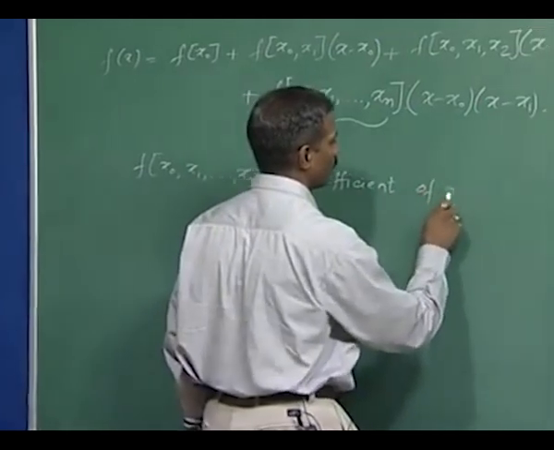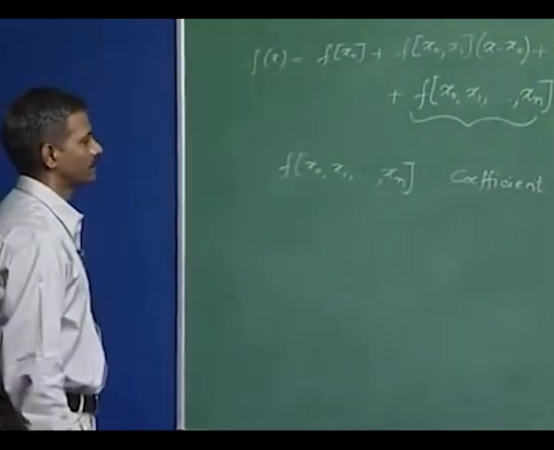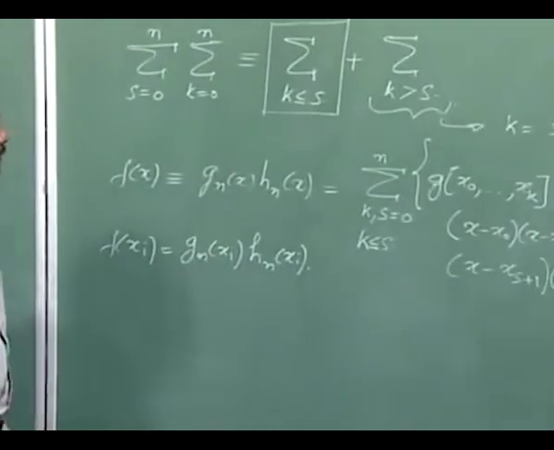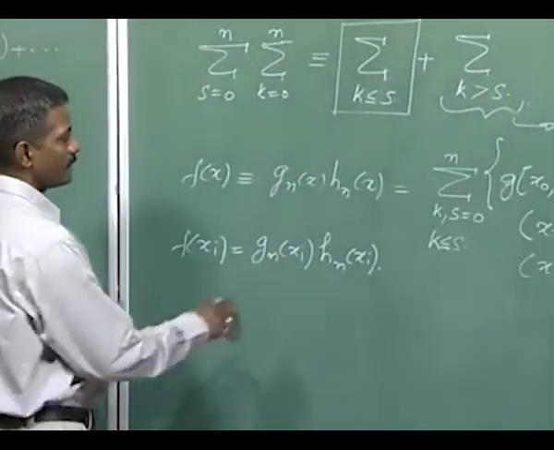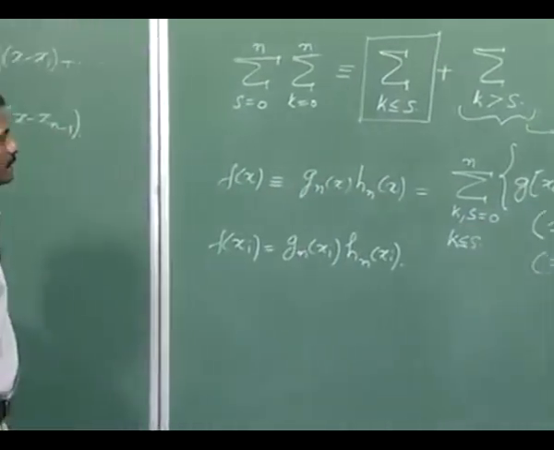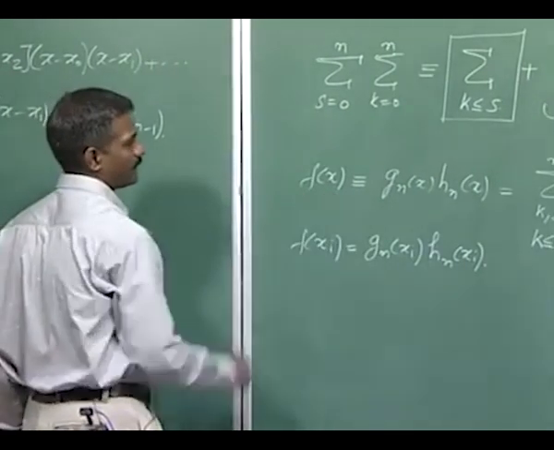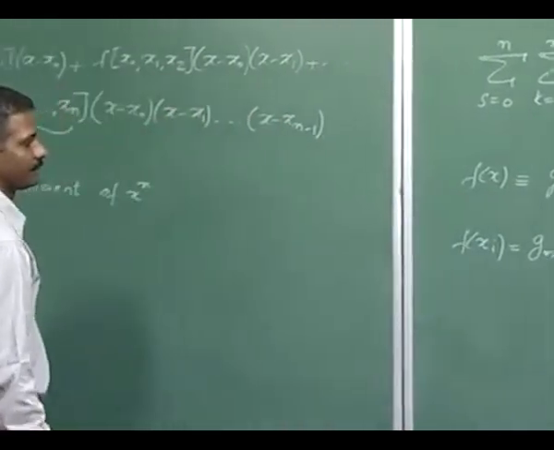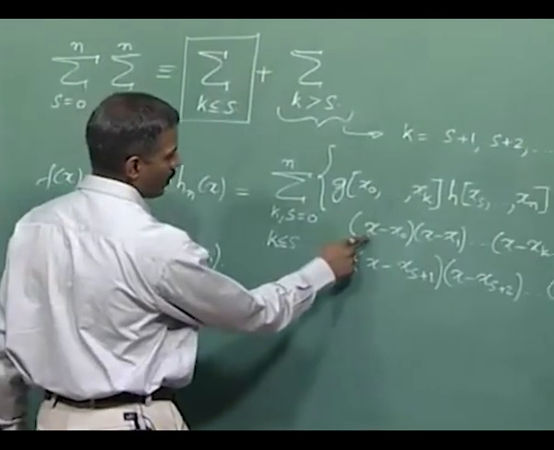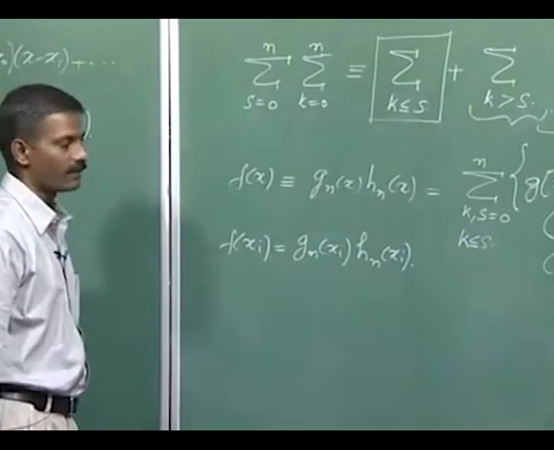Coefficient of x raised to n is called the leading coefficient. Now let's try to come back here. This again pretty much looks like Newton polynomial in f in some manner. Let's try to extract all the coefficients corresponding to x raised to n from here.